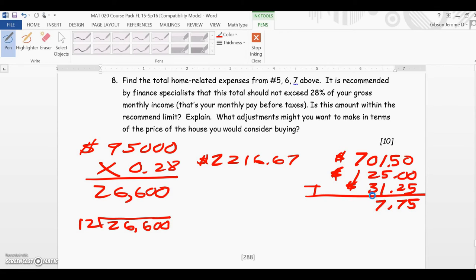This will give us $857.75, which is less than the $2,216.67. So these are our values here, so we're done with problem number 8. But just remember, when you go back to problems 5, 6, and 7, you're getting the monthly amount that we calculated earlier in order to have these amounts here. So we're done with problem 8, and now we can move on.